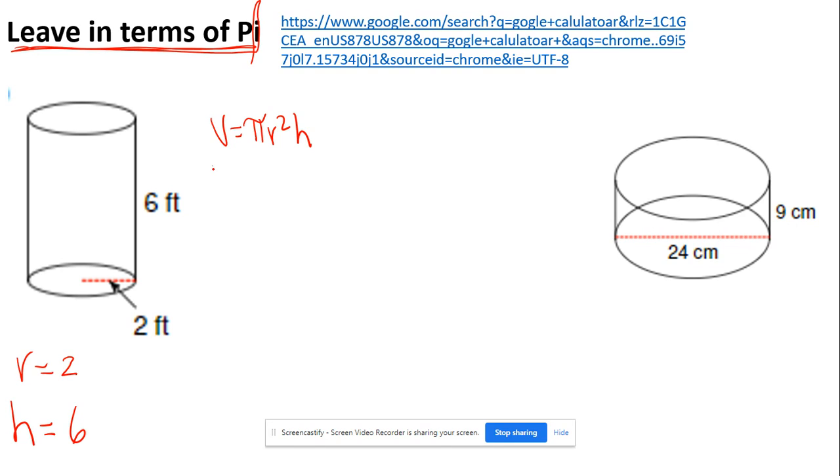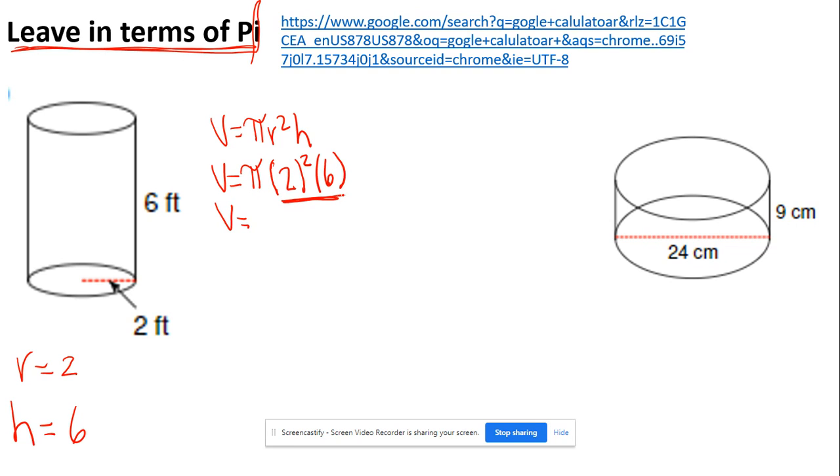Now I'm going to plug it in. Volume equals, it doesn't say use 3.14, so I'm going to leave pi there. Pi times my radius, which is 2, 2 squared times my height, which is 6. Now again, we're going to just use that calculator. Remember, we don't want the pi, so we're going to just leave it alone.